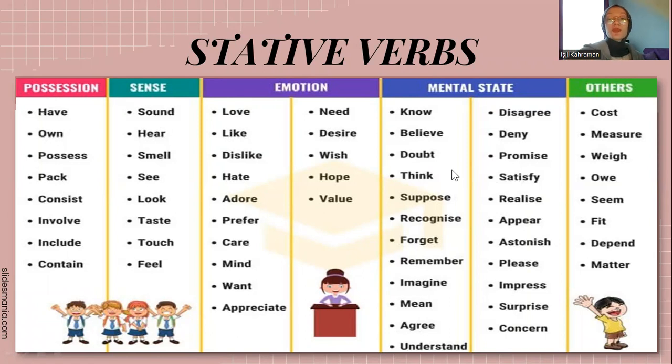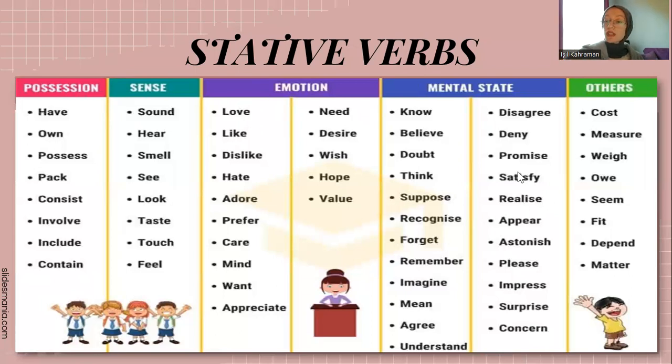But when we say I'm thinking now that you're useless for this subject, you cannot listen to it carefully for me, I'm thinking it, and that's the action verb form. So these can be used for stative and action forms, but other verbs can only be used as stative verbs.